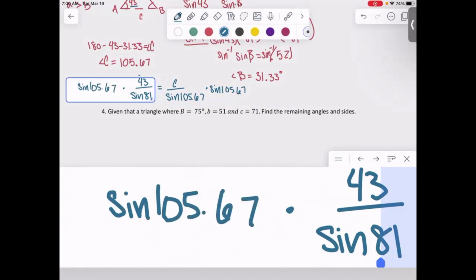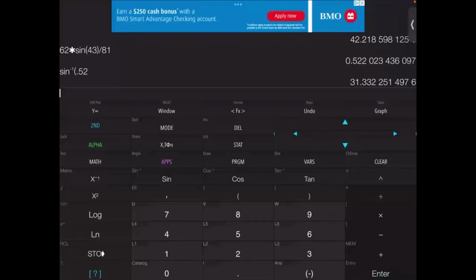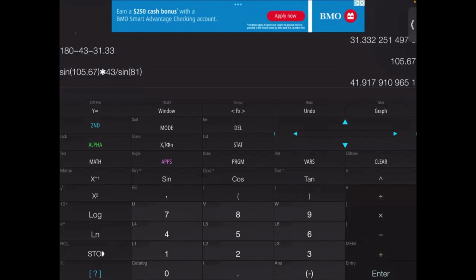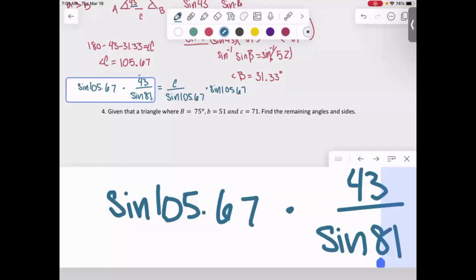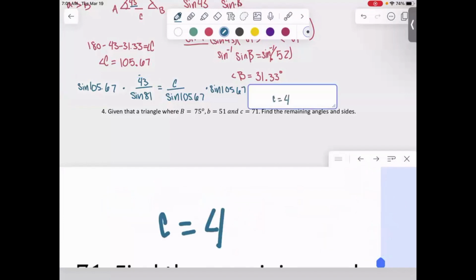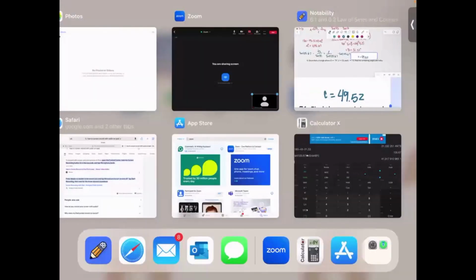So C is the sine of 105.67 times 43 divided by the sine of 81. All right, we get 41.92. 41.92 is going to be my side C. So lastly, C is 41.92.